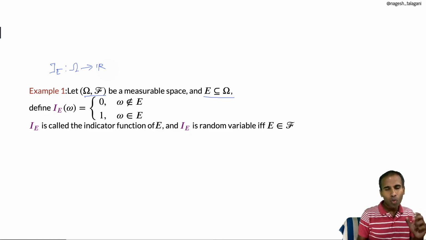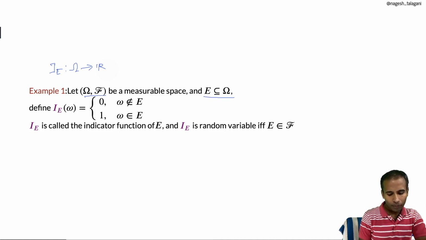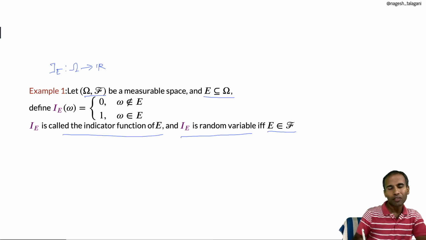Here I_E quantifies each outcome to 0 or 1. An outcome will be quantified to 1 if the outcome is in E, otherwise it will be quantified to 0. Such a function is called the indicator function of E. And this I is a random variable if and only if E is an event, that is, if E comes from script F. Let's try to verify this.